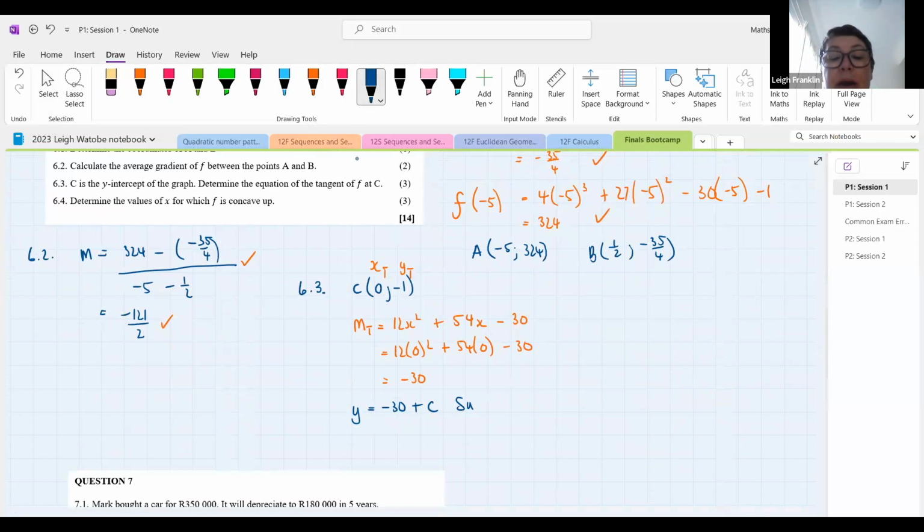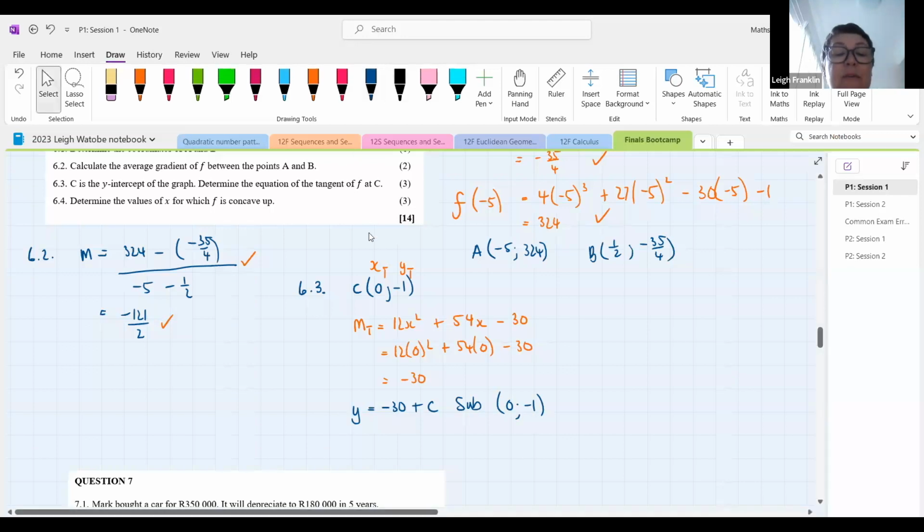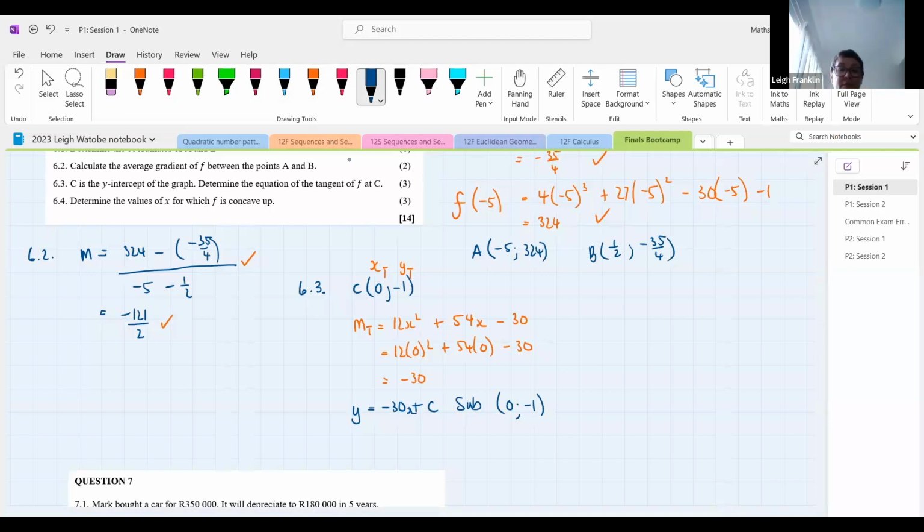And I can sub in my point. Oh man, sorry, I left off the x here, guys, sorry. It's going to have the x. Yes, it's going to be equal to negative 1, isn't it? Okay, so we've got negative 1 into negative 30 times 0 plus c. So c would be equal to negative 1 as well.